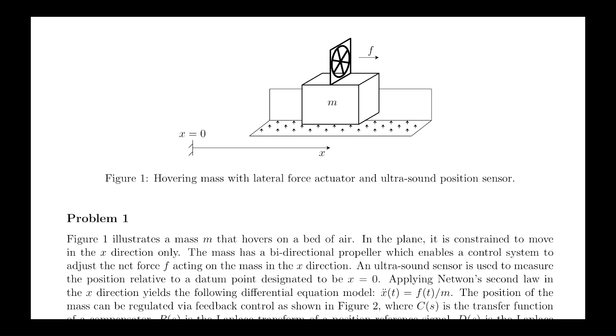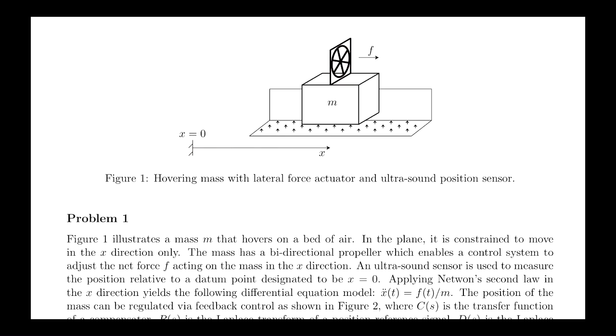This mass floats on a bed of air, so that there's no friction forces, and it's inside a rail, so we're just going to get linear motion, and we're assuming that there are no friction forces due to the rail, and there's no friction forces underneath because it's sitting on a bed of air, and there's an actuator which can provide a force in the direction of a measured displacement.